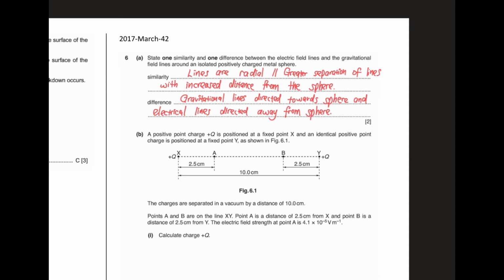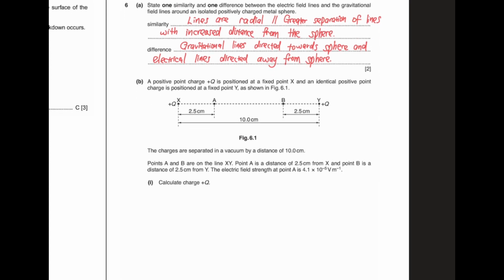So let's look at part B. A positive point charge positive Q is positioned at a fixed point X and an identical positive point charge is positioned at a fixed point Y, as shown in figure 6.1. So meaning that you have positive Q at point X and positive Q at point Y. They have the same charge.